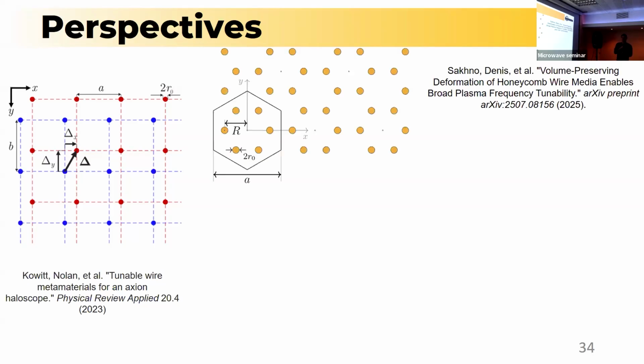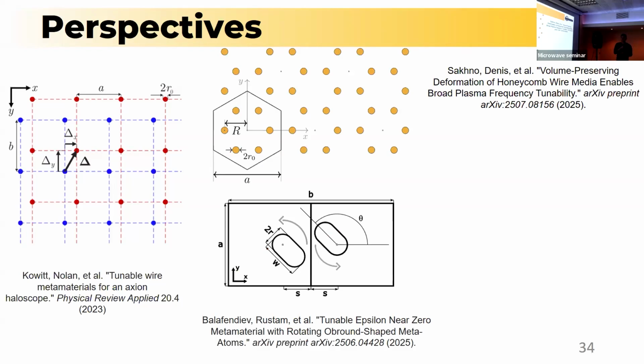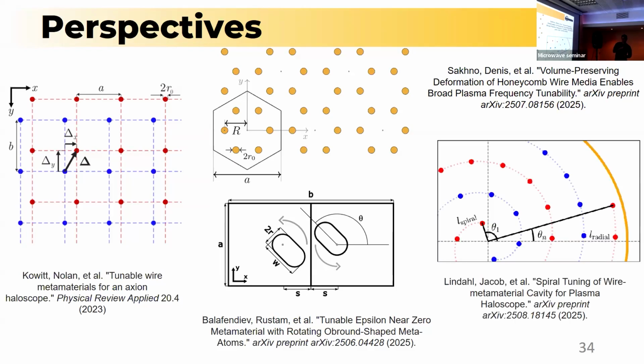The honeycomb lattice that we already discussed, another unit cell consisting of rounded wires which are rotating to create a tunability. This one also contains details of anisotropy, so maybe the idea that we propose can be used to actually measure the plasma frequency of this structure, because it looks more challenging in this case, in which we don't have the typical circular cross-section wires, but we have this other, more complicated shape. So it will be difficult to match with the analytics.